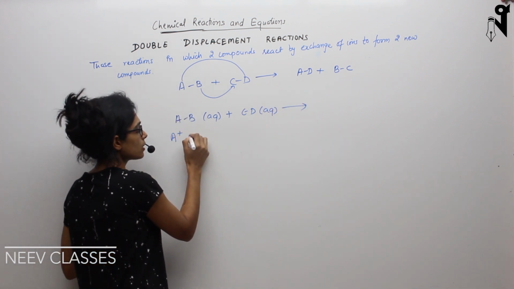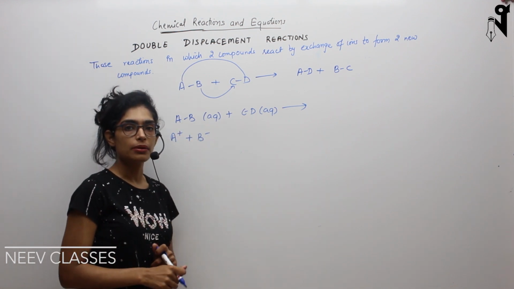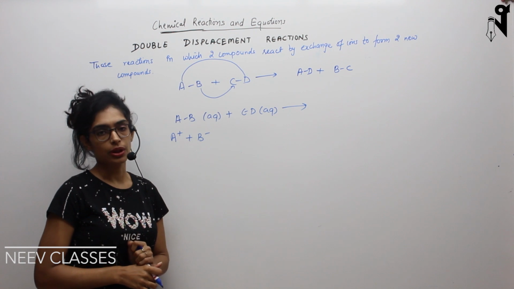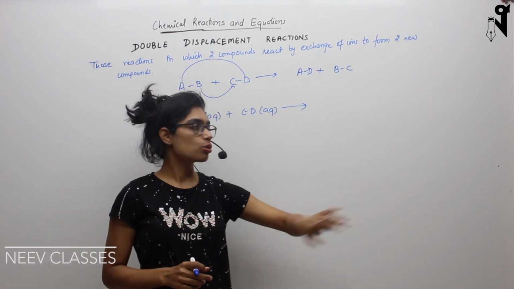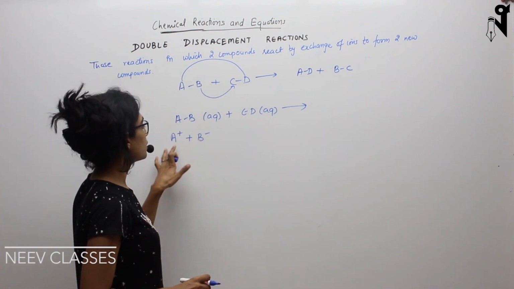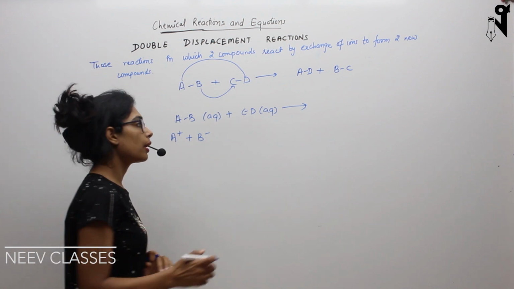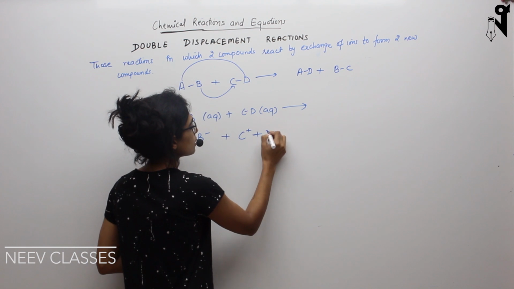A, B, C, D, these are all ionic compounds and they split in the aqueous solution into respective ions. That we had discussed in the case of displacement reactions also. I was just doing the ionic reaction at this part. So assume that these are ionic compounds and they'll split into A plus and B minus. Similarly, C plus and D minus will come in the solution.